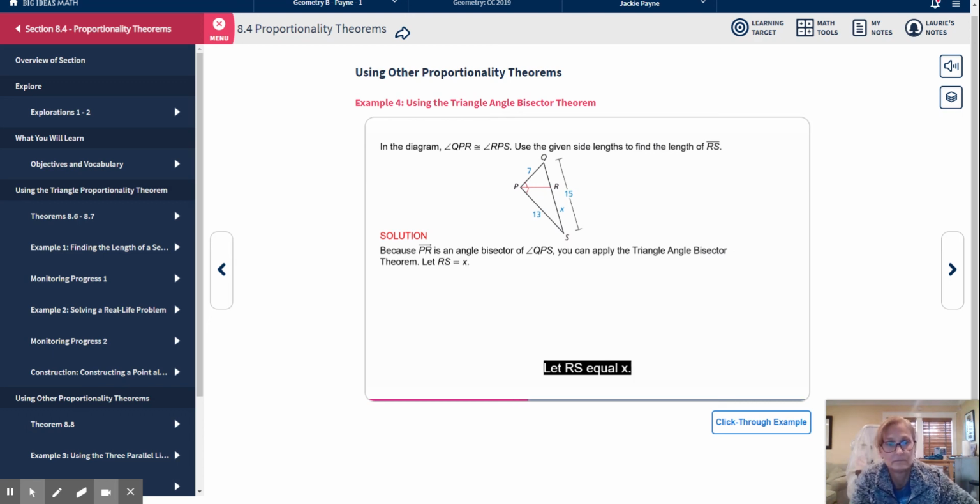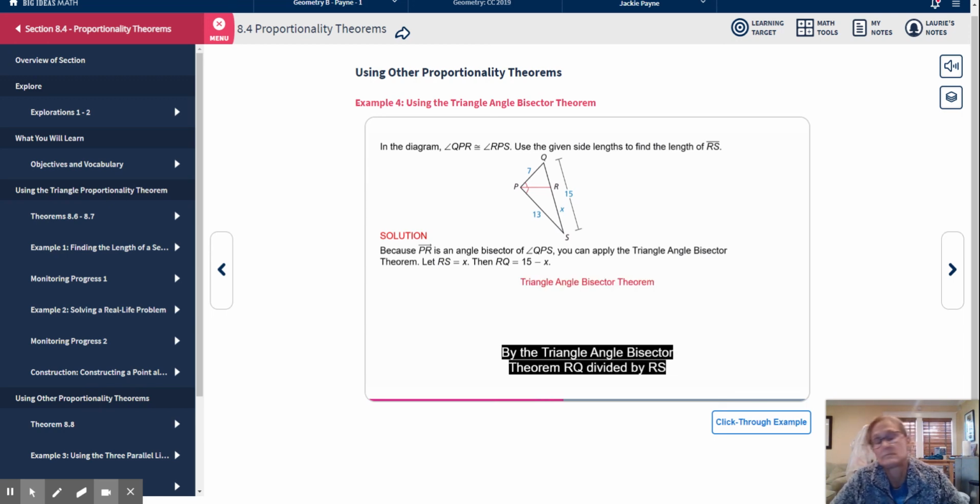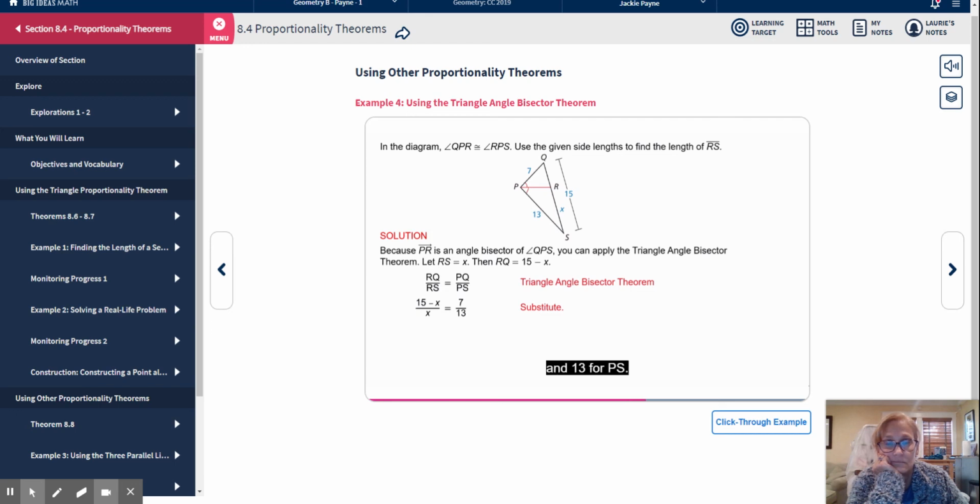Let RS equal x. Then RQ is equal to 15 minus x. By the triangle angle bisector theorem, RQ divided by RS is equal to PQ divided by PS. Substitute 15 minus x for RQ, x for RS, 7 for PQ, and 13 for PS.